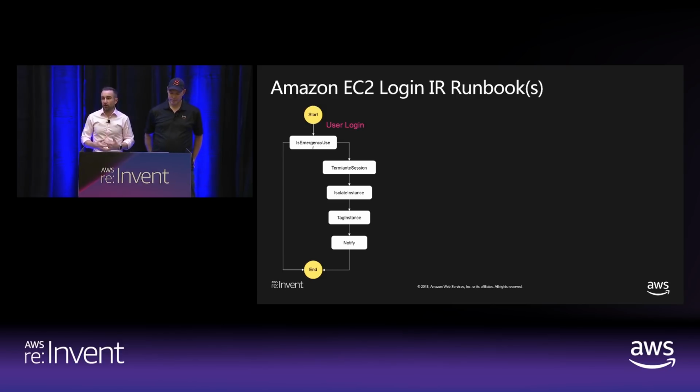On my step function, my very first function is called is an emergency user. On the event data that we're getting when the event actually fires, it's being fired based on an EC2 instance log, the audit login trail. So I'm actually looking in CloudWatch logs with a filter that says when this thing happens, I want to raise this EC2 login event. With that event, you do get the actual line item that matched.